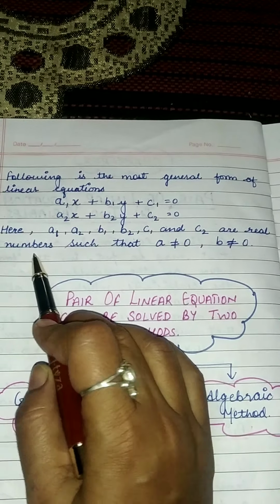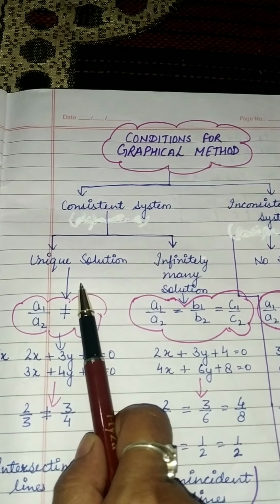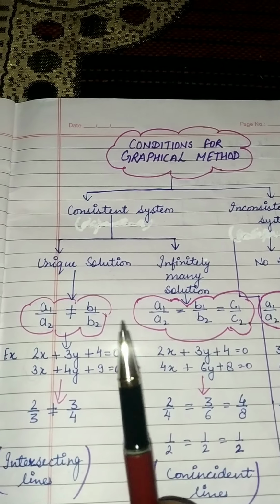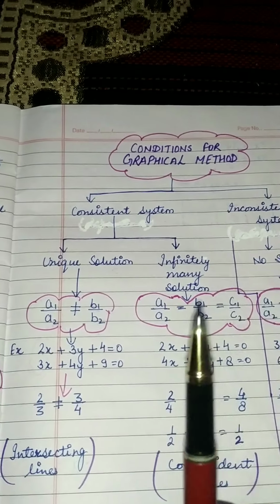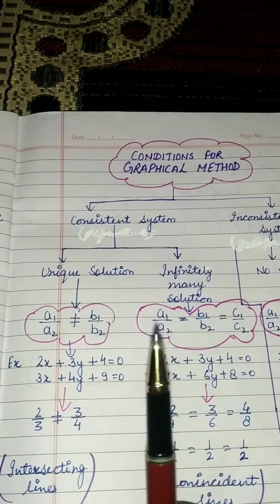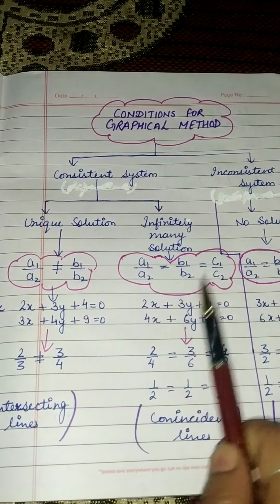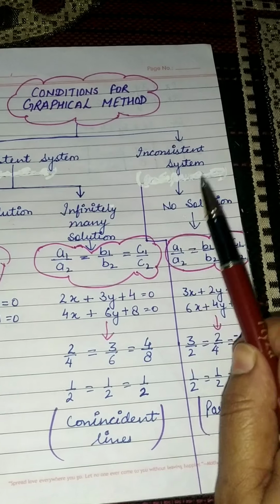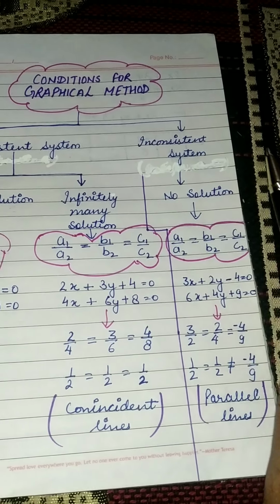Consistent system means unique solution or infinitely many solutions. If a pair of equations has a solution, then it is consistent. Unique solution means only one solution. Infinitely many solutions means it can contain so many solutions. Inconsistent system means no solution. Here the equations have no solution.